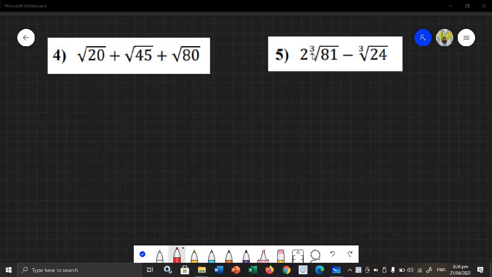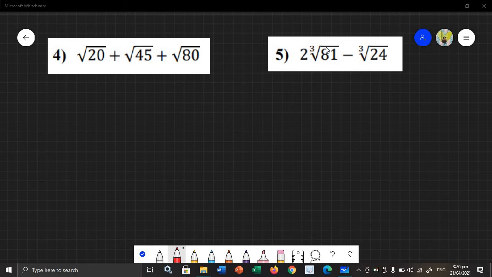But then, these are some cases na pwede natin makuha yung sum and difference nila by simplifying each radical hanggang sa maging similar radicals sila.